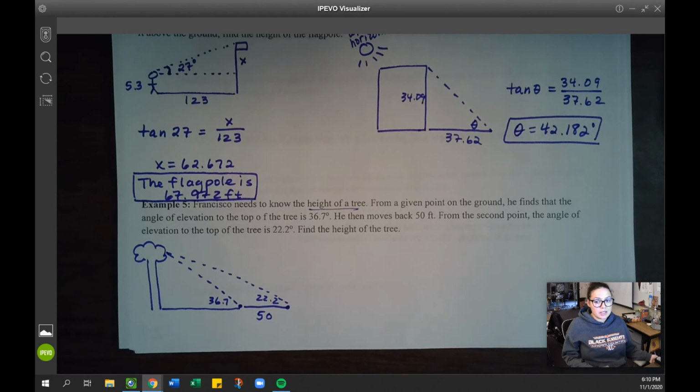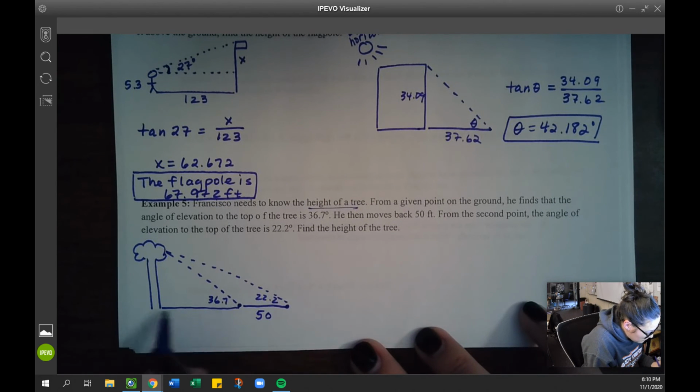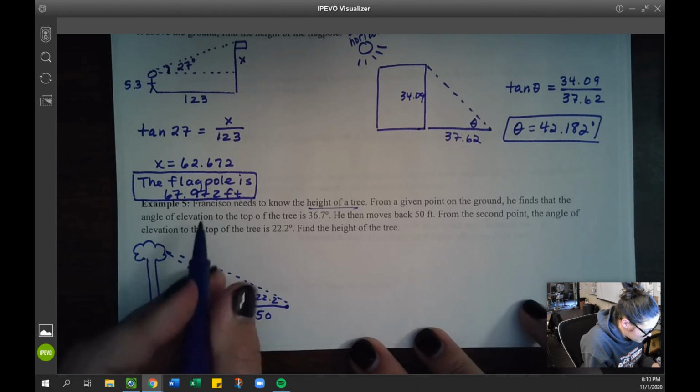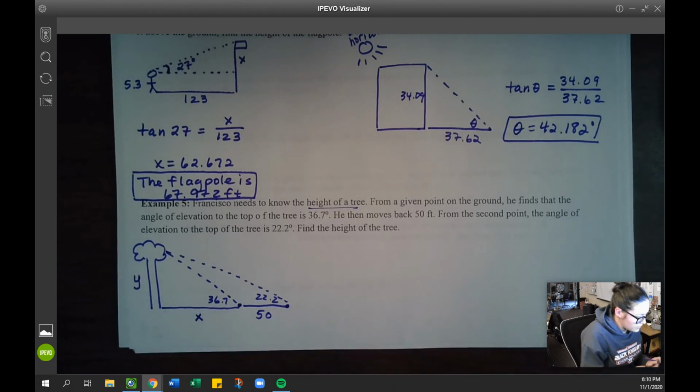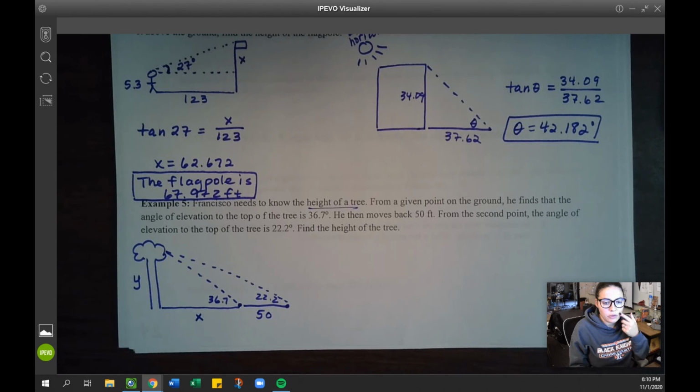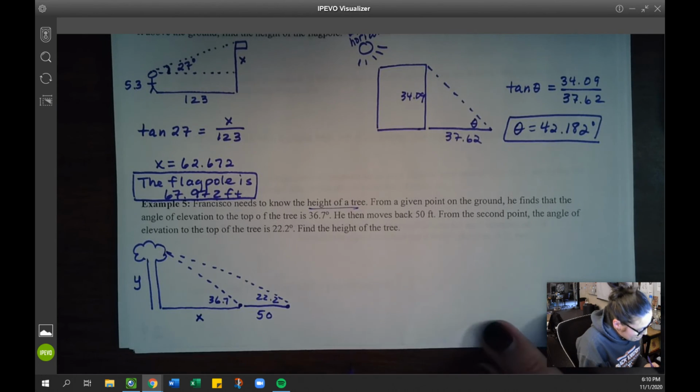So like I said, this one is a little bit more involved here. So I'm going to call this x, this distance, the first distance that Francisco's standing from. And we're going to call y the height of the tree. So I have two triangles really with two different variables.